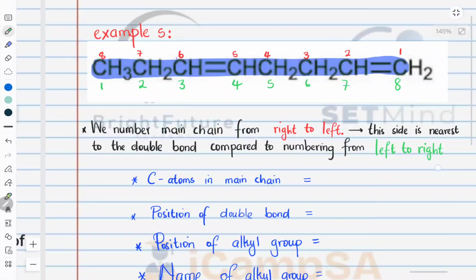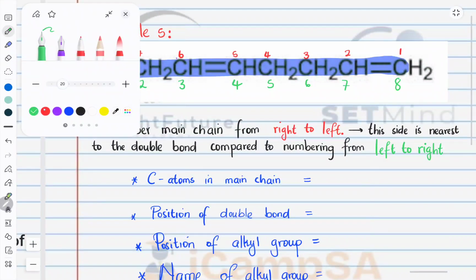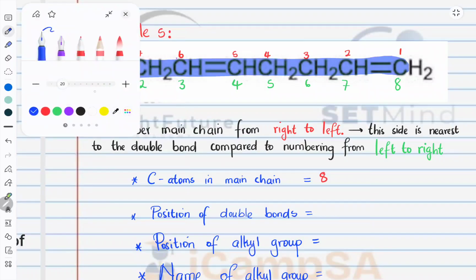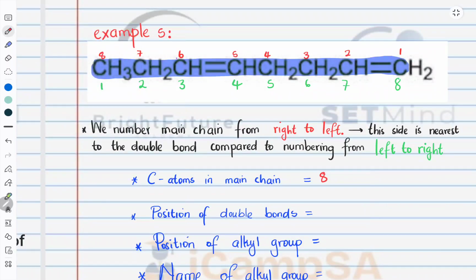Okay. So how many carbon atoms do I have in the main chain? I have 8. Right? And then what's the position of the double bond? So in this case, it's double bonds, not just one, but 2. So I see that the first one is on carbon 1, and the other double bond is on carbon number 5.